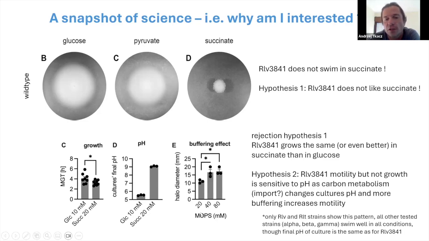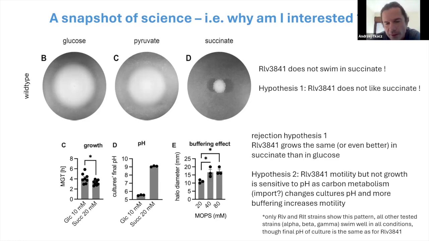If we add more buffering agent, like MOPS in our case, we see an increase in motility. So it seems motility is being influenced by pH, which in turn is influenced by the carbon source we're using. This pattern of motility drop in organic acids such as succinate is only visible for some particular strains we tested.